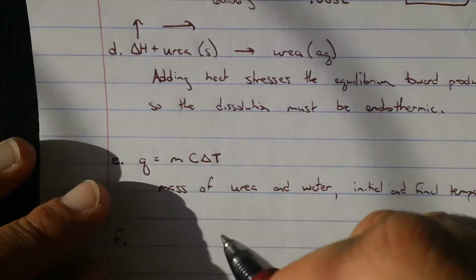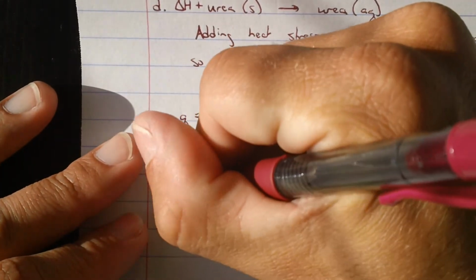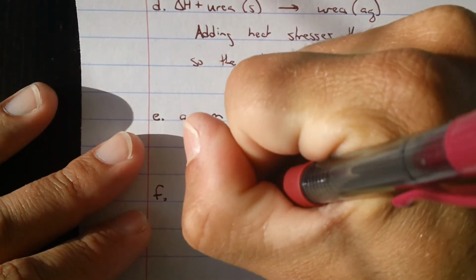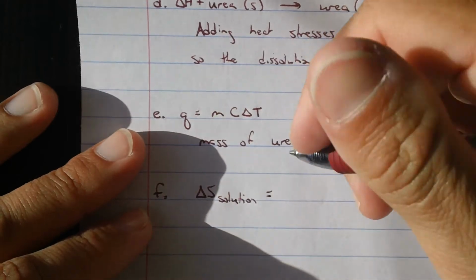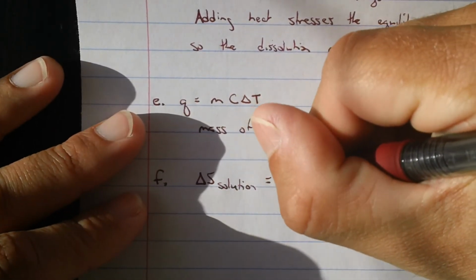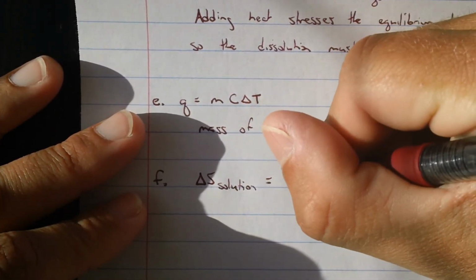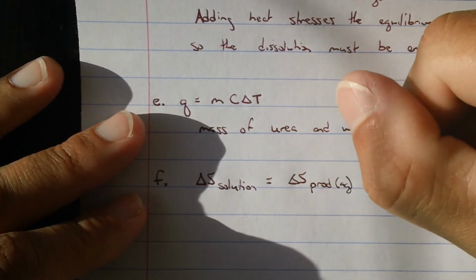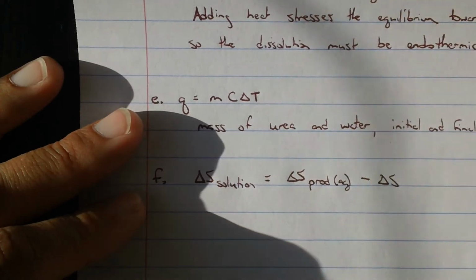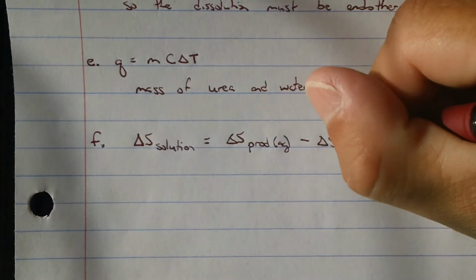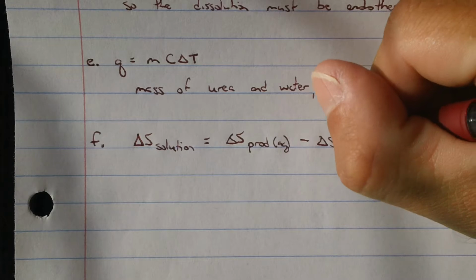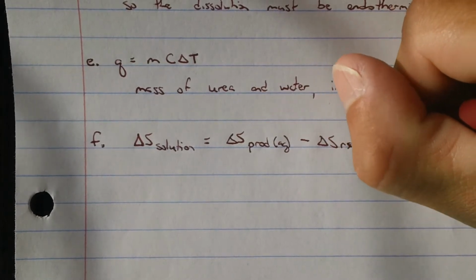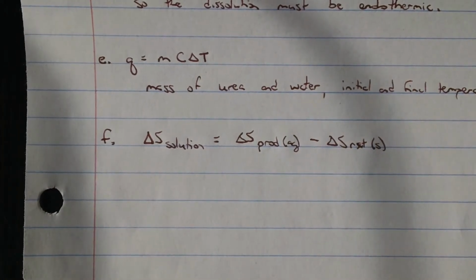Delta S is, if you're solving for them, delta S in this case for the solution. This is always products minus reactants. So this is the delta S of the product. That's the aqueous thing minus the delta S of the reactant. That's the solid thing.